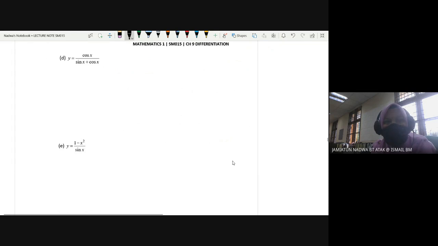Next one, page 16. So we have two function, dua-dua trigo. Tapi kita tak boleh nak simplify dia. Okay, so kita mesti buat product rule lah. So let u equals to, product rule pula, quotient rule.